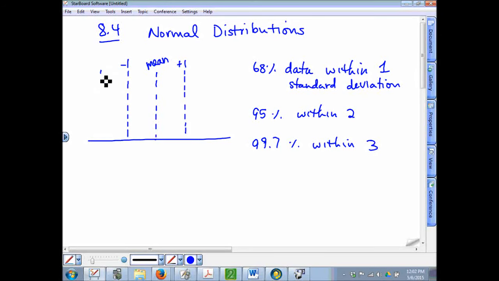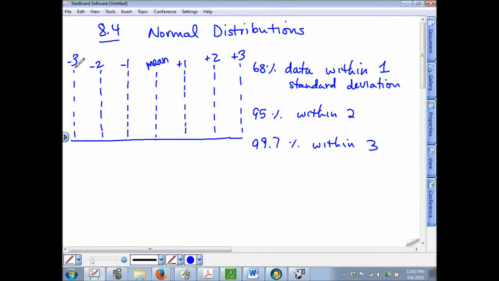Okay. Draw another line out here. And another line out here. This represents +2 standard deviations. This represents -2 standard deviations. One more dotted line there. One more dotted line there. This represents +3 standard deviations.